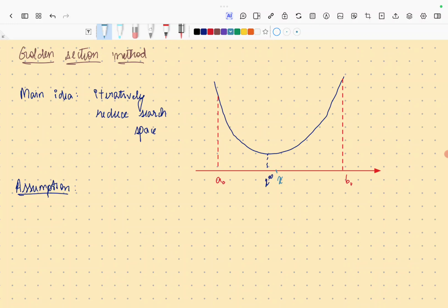So the basic idea behind many of these search algorithms is that you originally had this search space, the interval from a0 to b0. You try to iteratively reduce the search space from a big interval a0 to b0. You next find a smaller interval a1 to b1 whose length is less than a0 to b0, and then find an a2 b2 which has even smaller size, and so on.